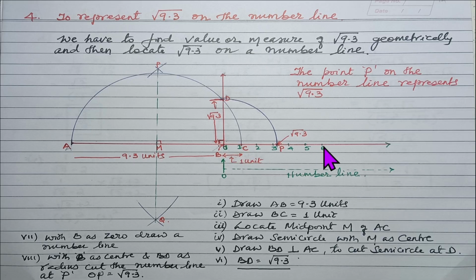We have drawn the number line there, and it cuts the number line at point P, and the point P represents root of 9.3. So that is how we not only find the value of root of 9.3 but also locate it on a number line. The method is very simple. Remember this, and if you have any doubts, you can put them across to me, and I'll further clarify it.